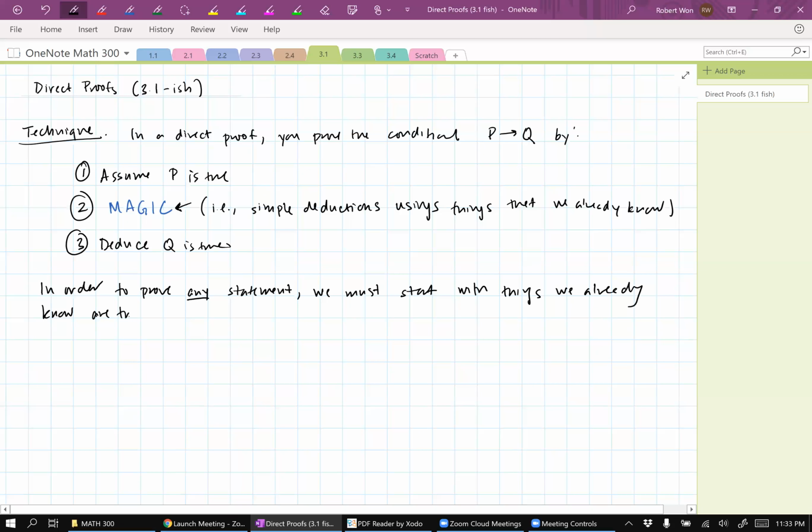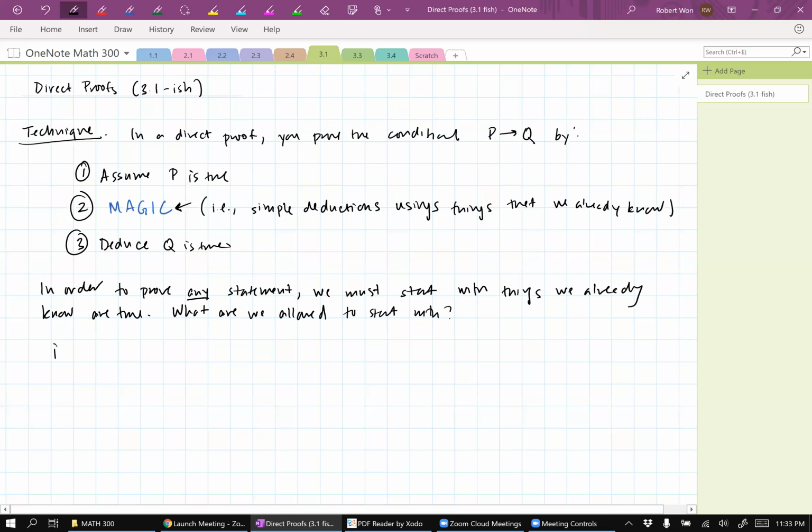Otherwise, we can't get anywhere. So what are we allowed to use? What are we allowed to start with? Okay, so there's 3 things that you're allowed to assume are true when you're writing a proof.